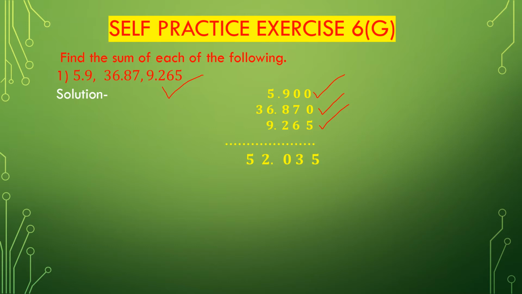Then below 9 we write the decimal part of 36.87, which is 0.870, so below 9 we write 8, below 0 write 7 and below 0 write 0. Now 9.265, below 8 we have to write 8, below 7 write 6 and below 0 write 5. Now we have to add these 3 decimal values.